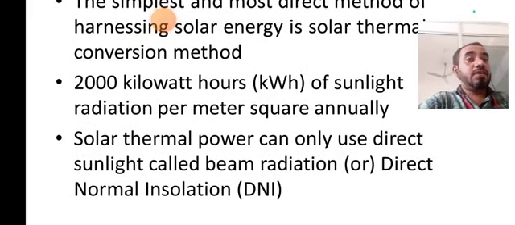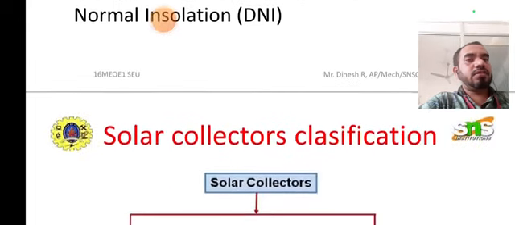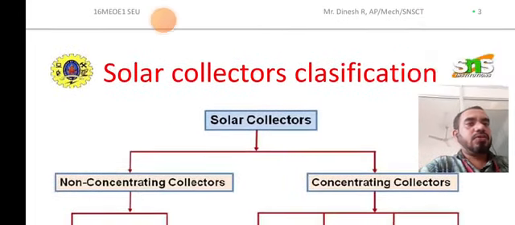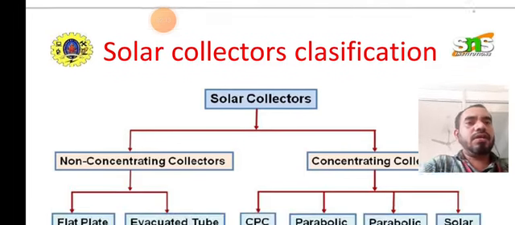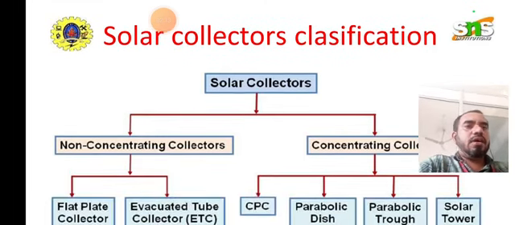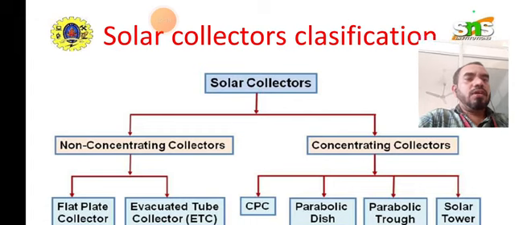Solar thermal power can only use direct sunlight, called beam radiation or direct normal insolation. We already saw this in our previous videos, but let's go through it once again.